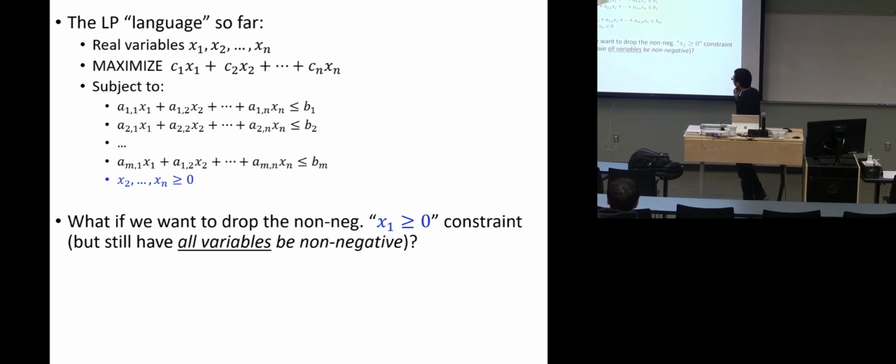What about this one? Normally I have that every variable here is at least 0. Now what if I want to drop one constraint, that xi is at least 0? I'm okay with having xi be negative, but every other variable is still non-negative.